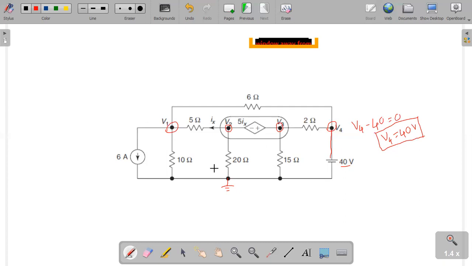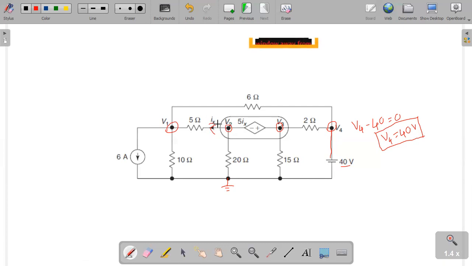But if we look at the circuit, we can find one more unknown named Ix. So it is our first task to represent Ix in terms of voltages V1 and V2. Ix is the current flowing through the 5 ohm resistor, which is situated between the nodes V1 and V2.